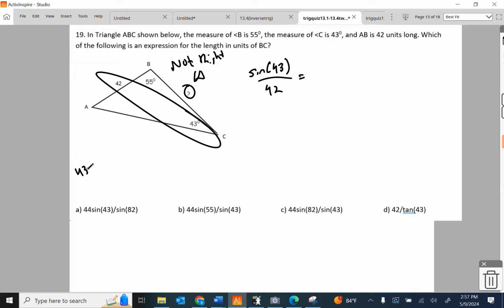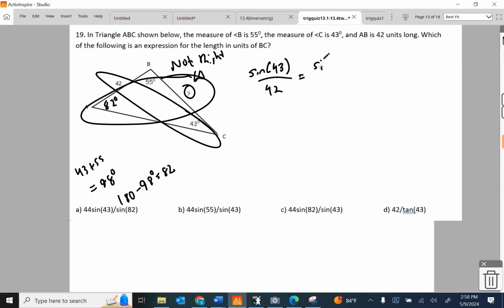So if I put 43 and 55 together, I get 98 degrees. If I do 180 minus 98 degrees, I think I get 82. 82 degrees in the corner. As these two are related, the sine of 82 is related to that question mark. And then I do the old cross multiplication.